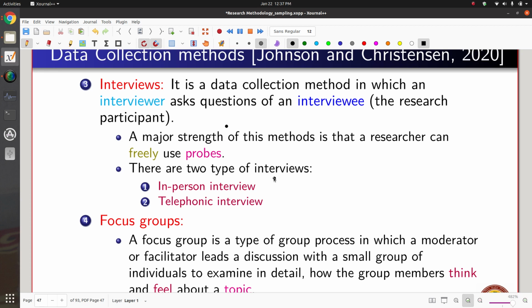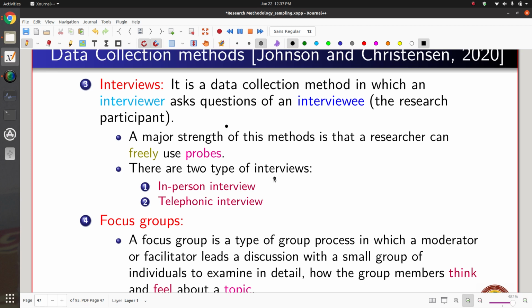In case of focus group, you have a set of participants, and then you call them at a place where they can discuss with each other. Let's say that they are sitting in a room or in a conference hall, something like that, and you work as a moderator.